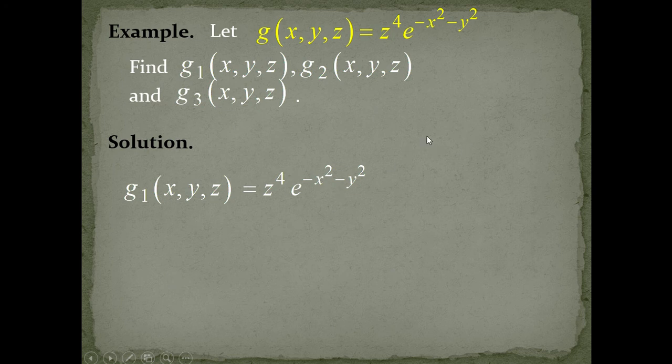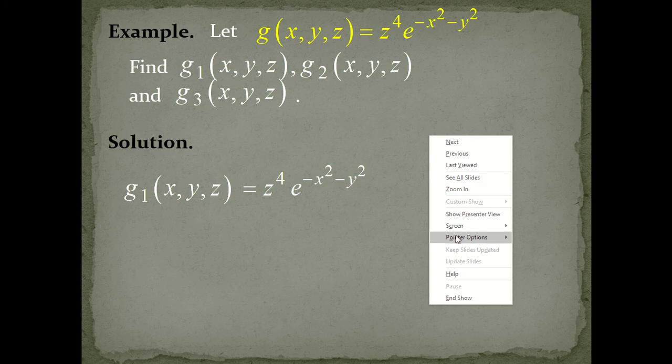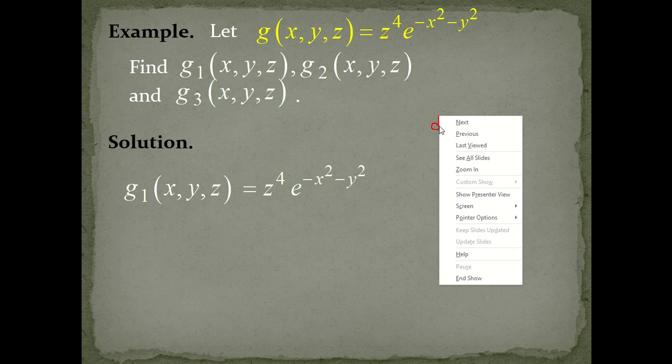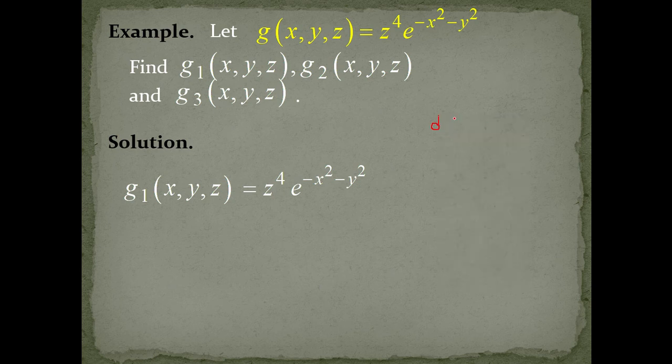So you may use the formula: the derivative of e to the u with respect to x, we use this symbol, equal to e to the u times the derivative of u with respect to x.